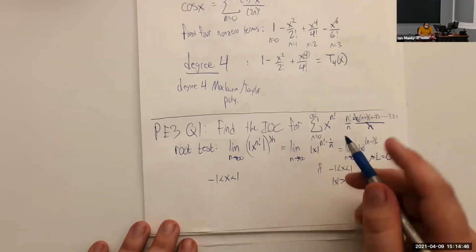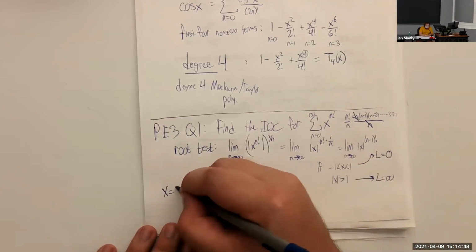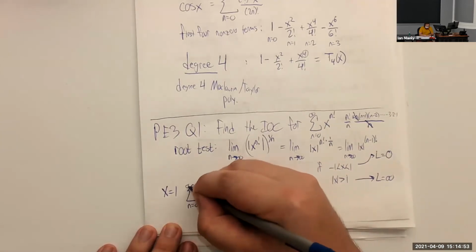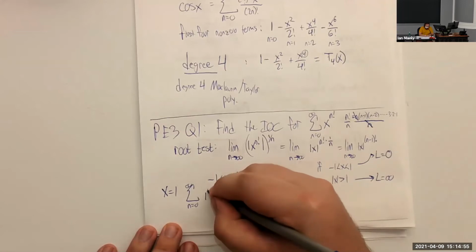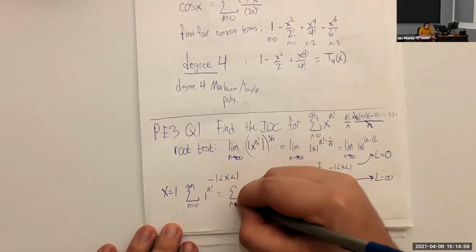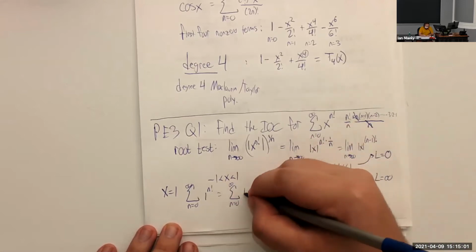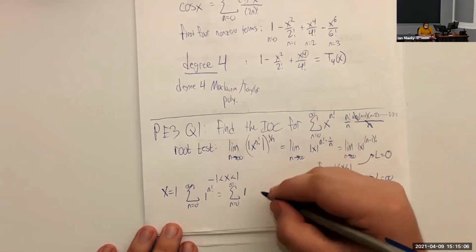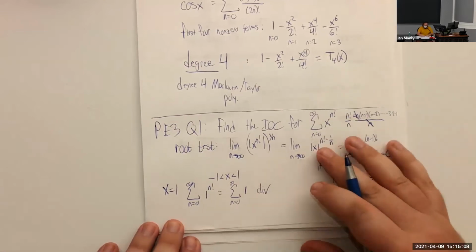All right, so let's go ahead and check the endpoints here. So let's have x equals 1. So this is the sum from n equals 0 to infinity of 1 to the n factorial. But 1 to any power, no matter how astronomically large it will get, will just be 1. But the sum of 1 will diverge by the test for divergence.